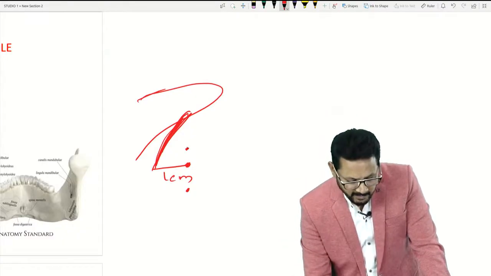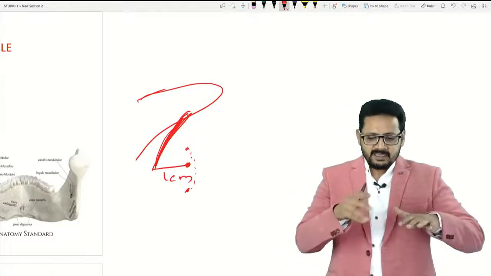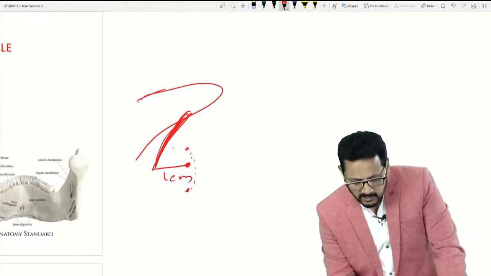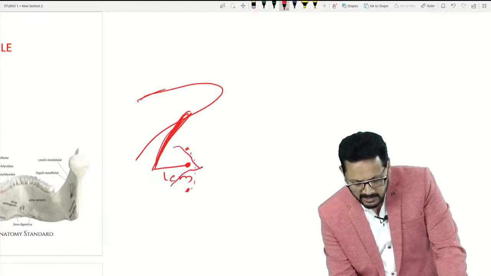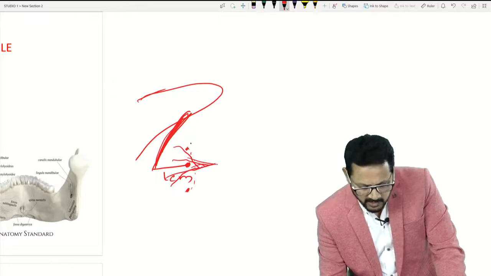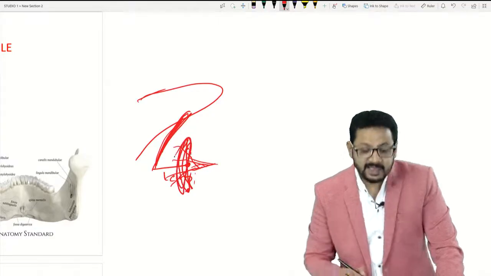Take a bite here, come out on the other side, 1 centimeter from the other side, and just tie it. Your lingual arteries are traversing in this direction only, so the lingual arteries on the other side will get ligated.